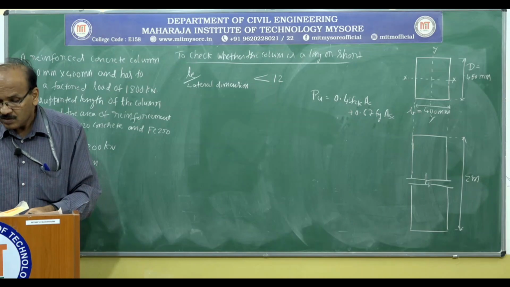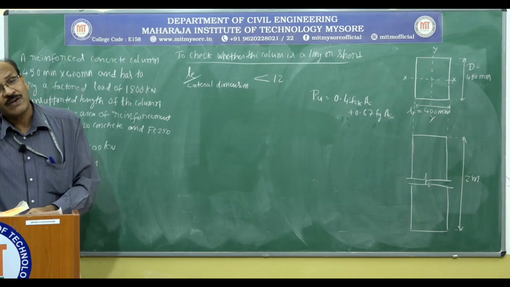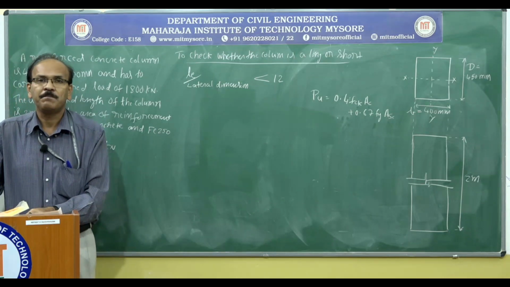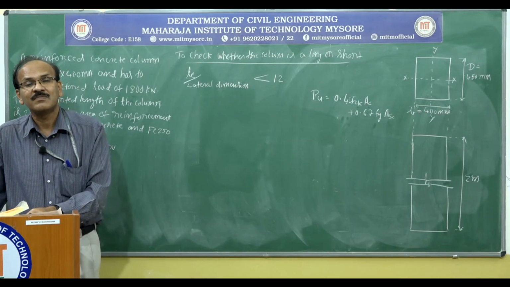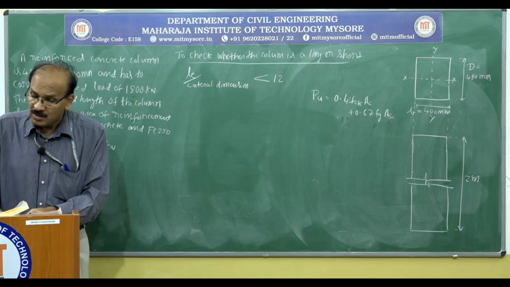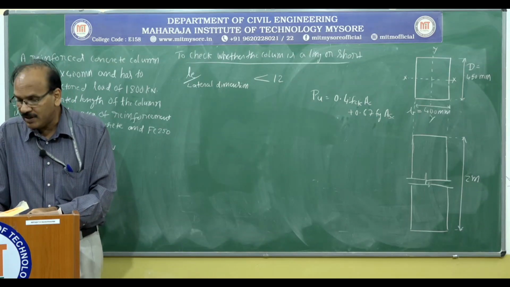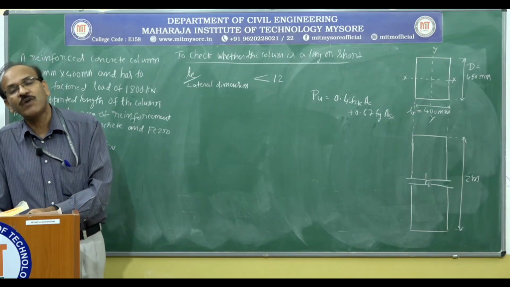Okay. So when both ends are fixed, what is the theoretical value of effective length? That is equal to 0.50 L, where L is the unsupported length. Okay. So in reality, recommended value we have to go for, that is recommended value of effective length equal to 0.65 L.